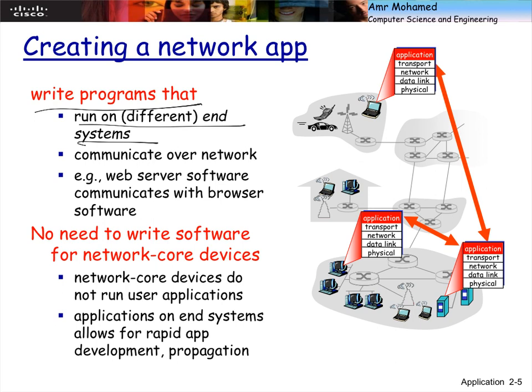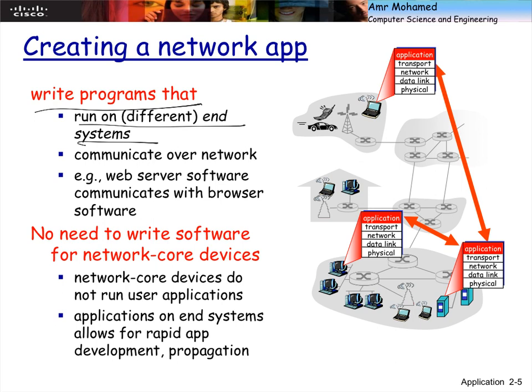We develop an FTP client, an FTP server, we develop a web server. This is the maximum we can get to. We don't actually write code for core routers. Cisco does that for us. So the developers in these types of companies focus on developing code for core networks to control and manage the operation of a router.